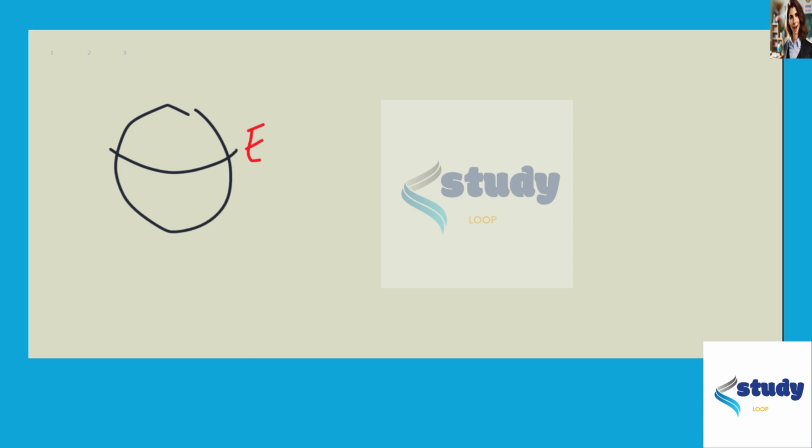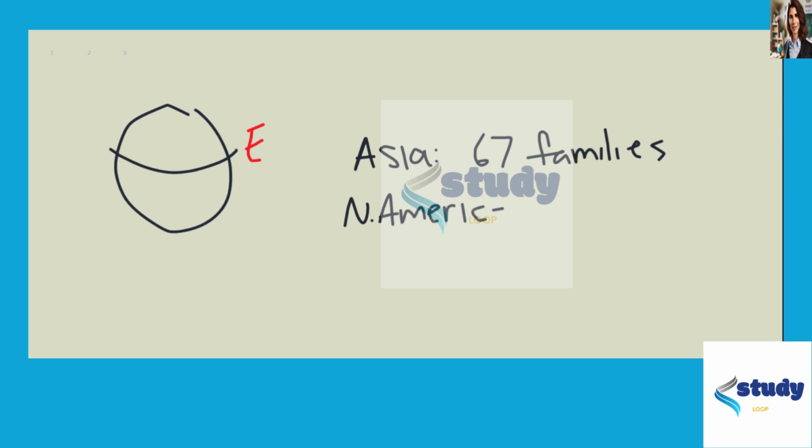What we're given is an Asian ecosystem, and at the family level, it had 67 families, because this is specifically about family level variation. Then we had a North American ecosystem, and this one had 46 families in it for diversity.